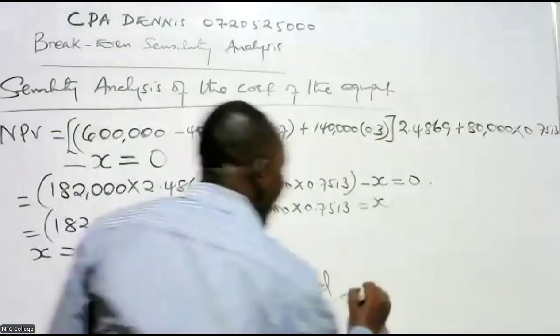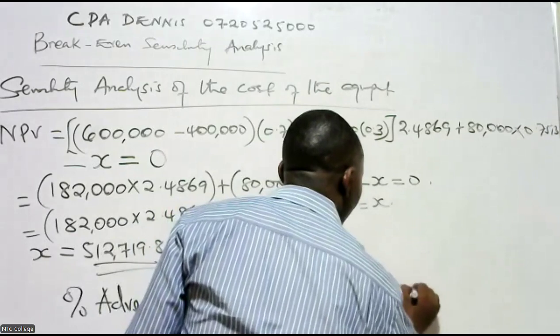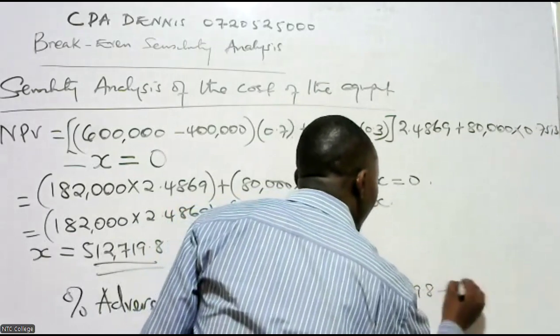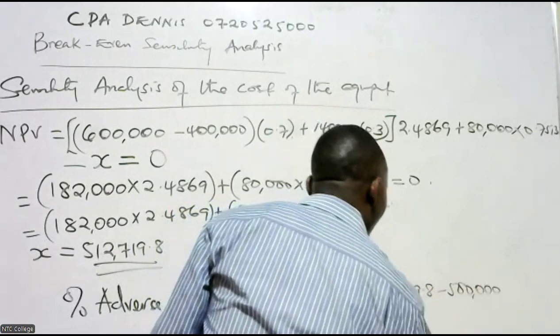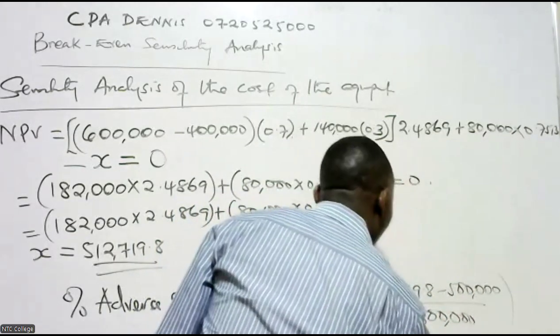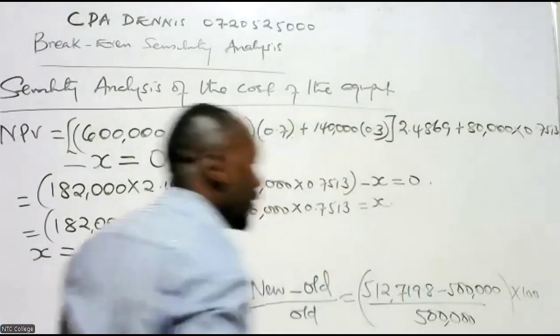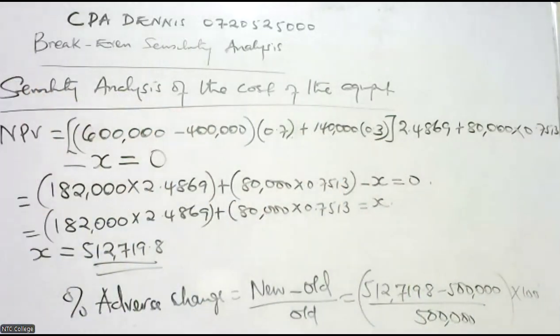This is the same as 512,719.8 minus 500,000 all over 500,000, and then this times 100. What is the percentage change on the cost of machine that can make NPV be 0? That is what we're looking at. The percentage change, we know it is adverse because it has gone up.